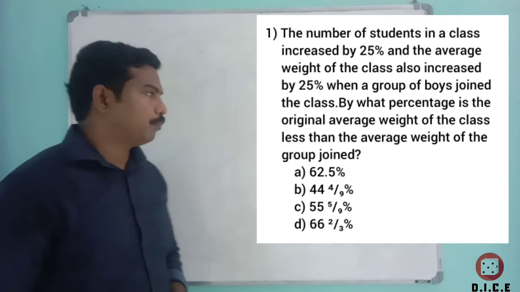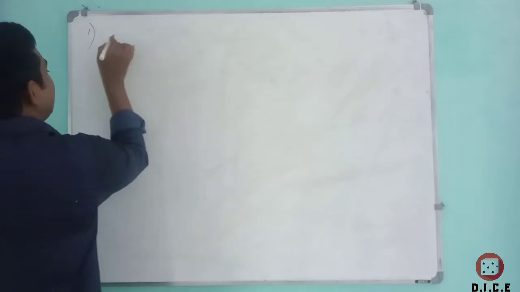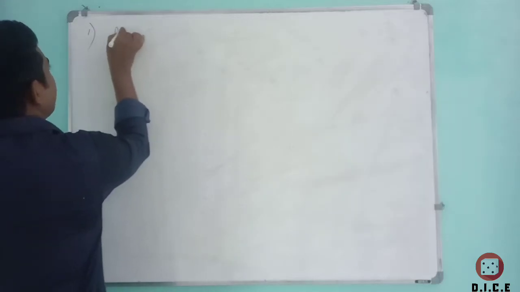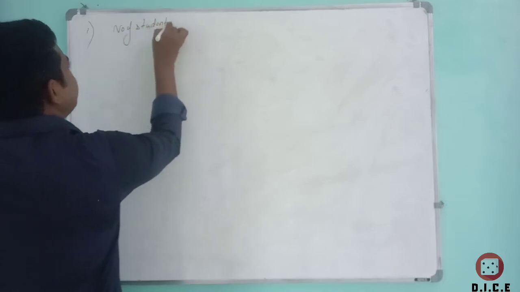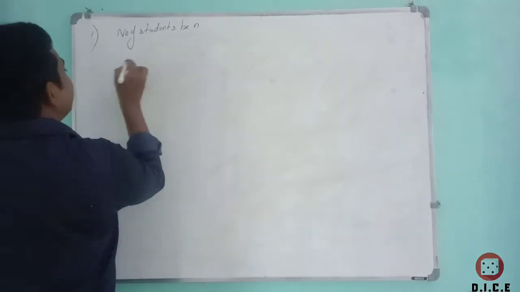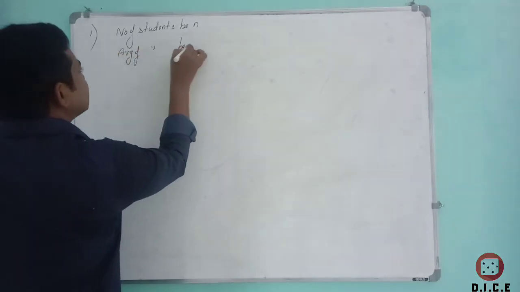Now if you see the detailed process for question number 1, let the number of students be n and the average weight of the students be x.